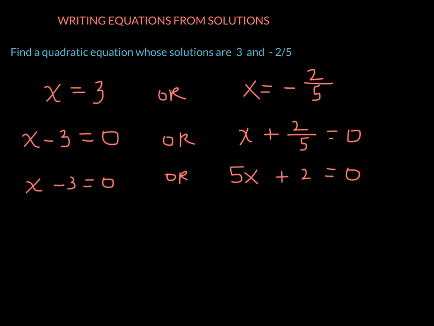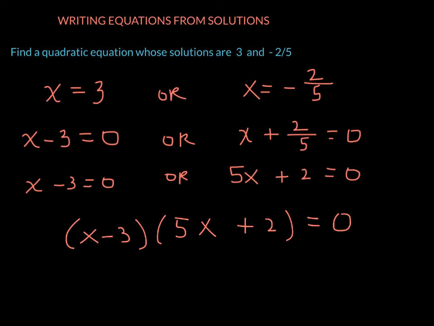Now, the principle of zero products in working backwards would say that if this factor is 0 or this factor is 0, that means their product must be equal to 0. And so I multiply these two factors and set the equation equal to 0. That's the principle of zero products backwards.